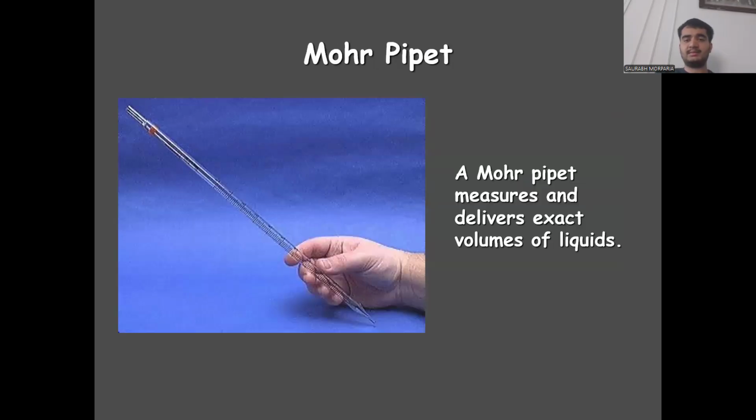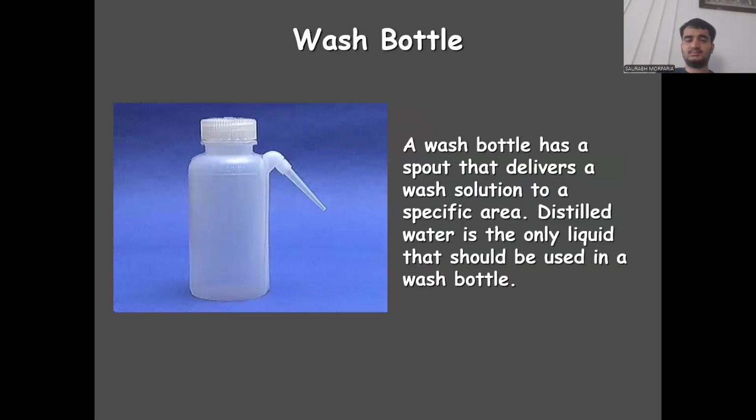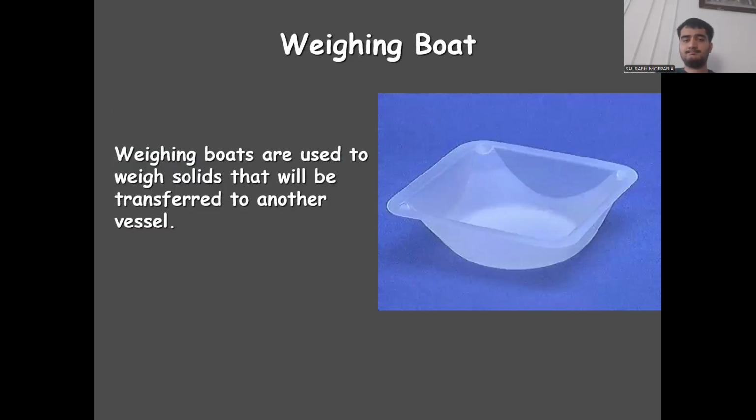Mohr pipette. A Mohr pipette measures and delivers a variable volume of liquid. A wash bottle has a spout that delivers the water solution to a specific area. Distilled water is the only liquid that should be used in a wash bottle.